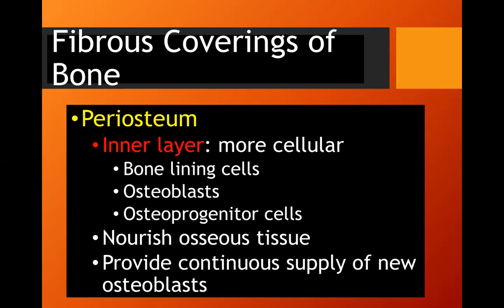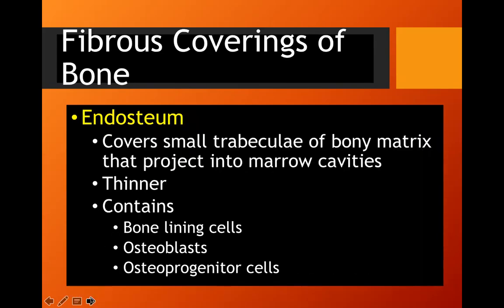Basically, the inner layer of the periosteum nourishes the osseous tissue and provides a continuous supply of new osteoblasts, because of the presence of the osteoprogenitor cells becoming osteoblasts. That's your periosteum. Your endosteum covers the small trabecular bone matrix. They are thinner, and they also contain the different types of bone cells: the bone lining cells, your osteoblasts, your osteoprogenitor cells.